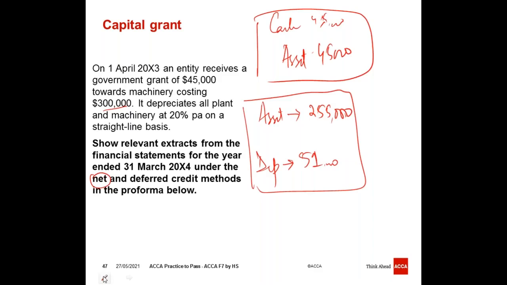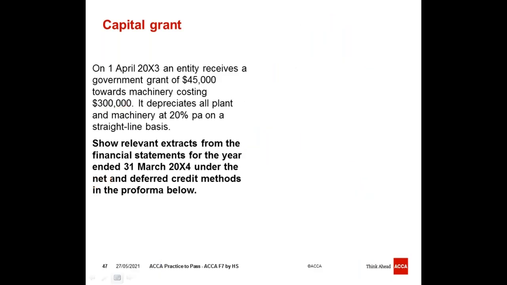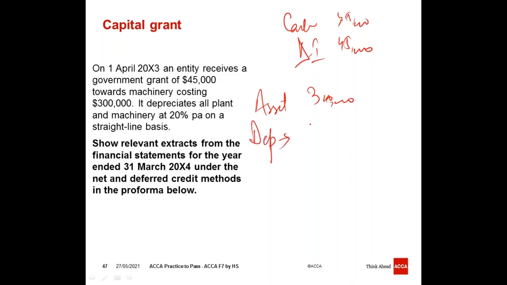But when we are talking about the credit approach, the accounting entry should be cash debit and deferred income credit by 45,000. Now the asset is reported at 3 lakhs, so you need to charge depreciation on the 3 lakh, which will be 60,000.